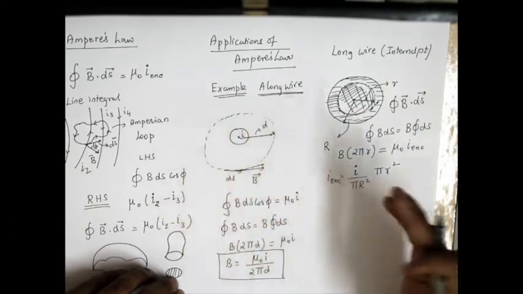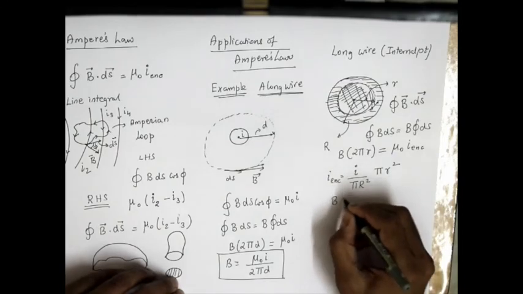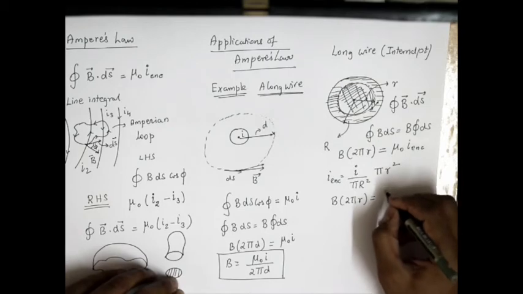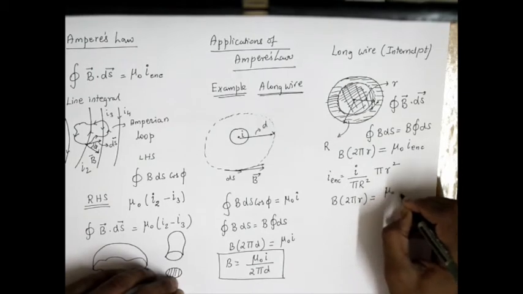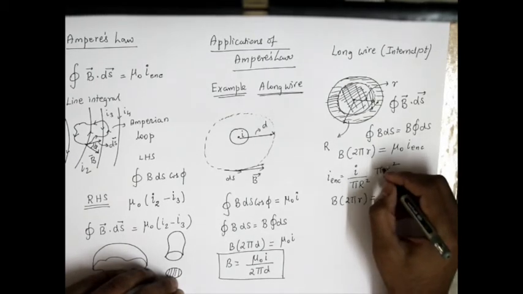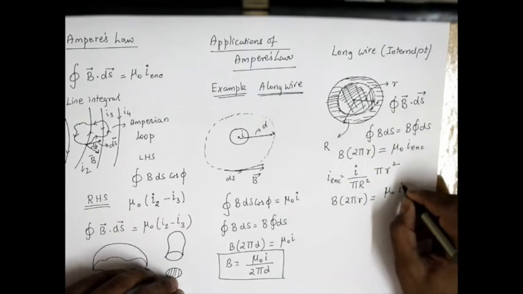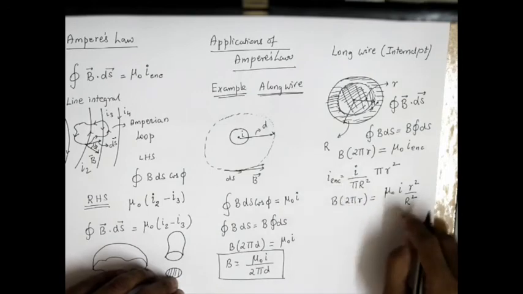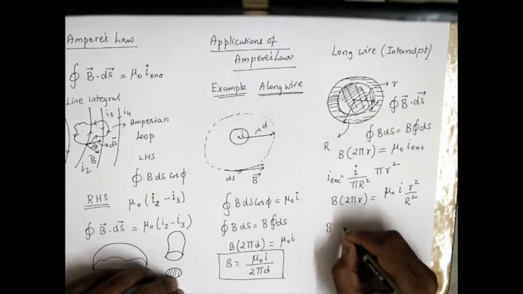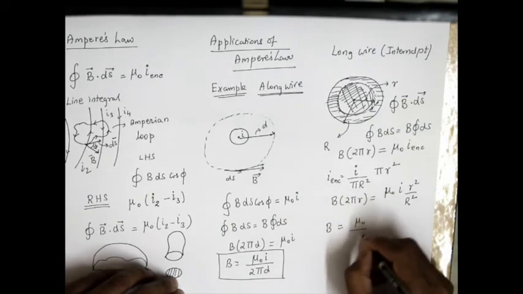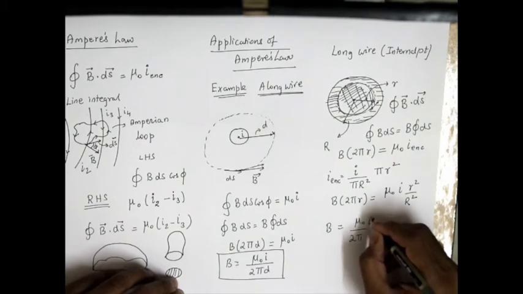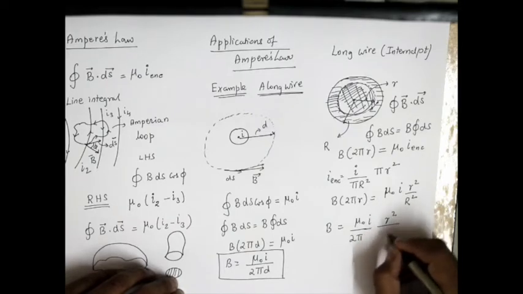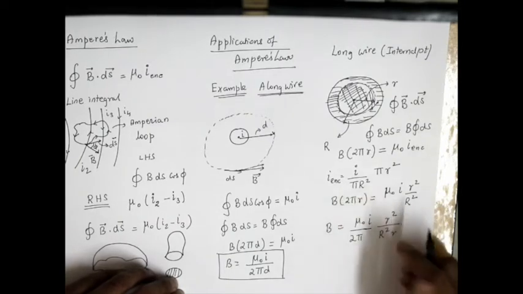So now equating the left hand side to the right hand side, we get B 2 pi r is equal to mu naught times I enclosed, which is nothing but pi cancels, I r square divided by capital R square. Bring this to the denominator. This becomes mu 0 by 2 pi, I r square divided by capital R square into small r.